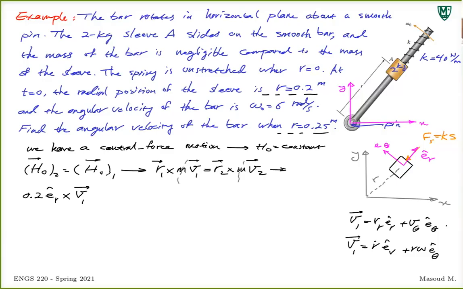Now, R dot, where are we? I lost the train of my thought. Okay, I said that. Then we are replacing this. Okay. So this one is R at this position. I have to be more careful: R1, omega 1. Now, R at this position is 0.2. Omega is 6.